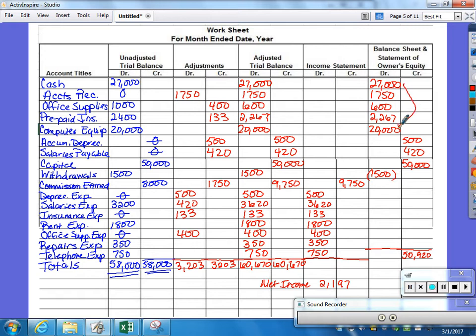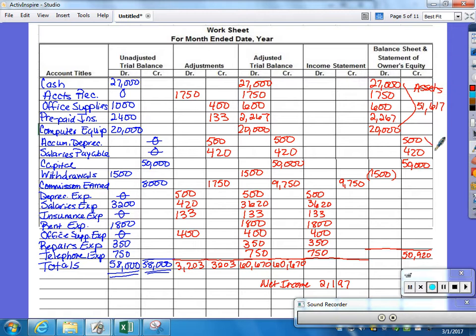So our assets equal 51,617. And so we know that liabilities and equity added together should equal what? This number, right?